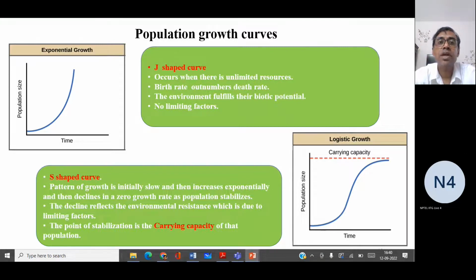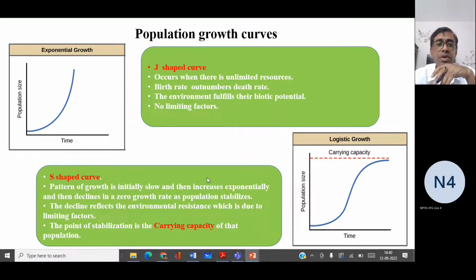It occurs when you have an unlimited amount of resources, and the birth rate outnumbers the death rate. That's why the population keeps on increasing. No limiting factors. That's the basic criterion.